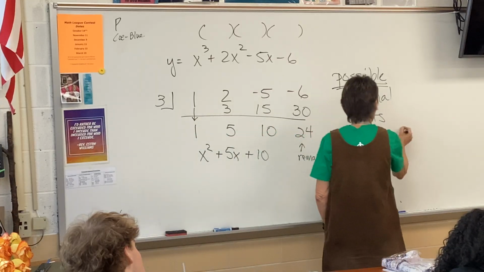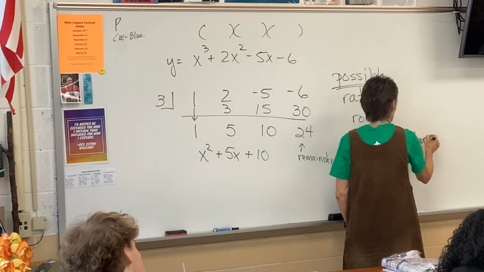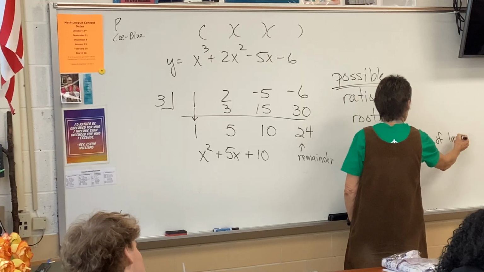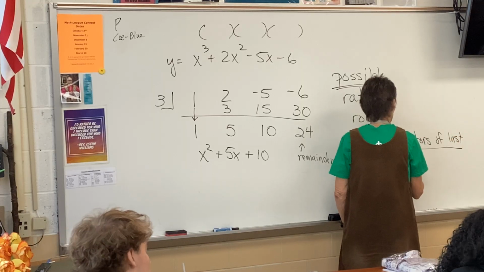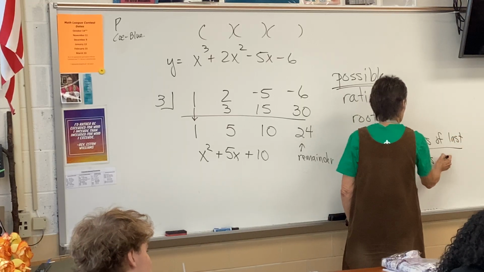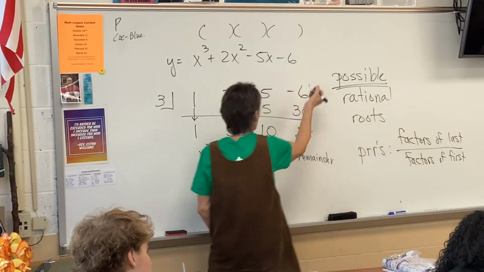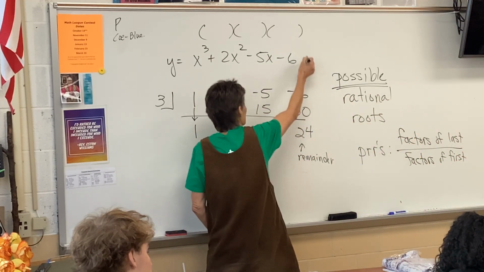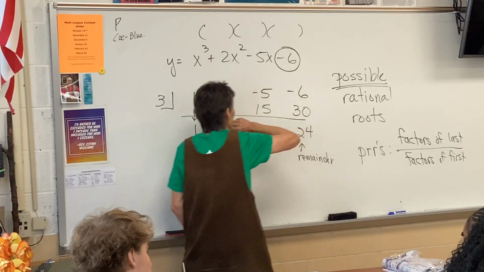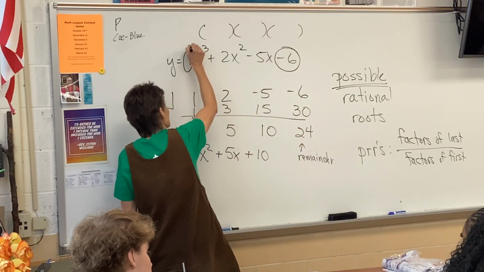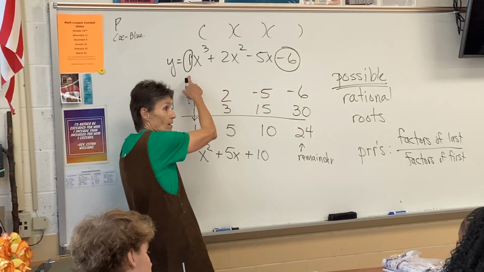They are factors of the last number over factors of the first number. So when I do the division, this is my last number, and this is my first number.